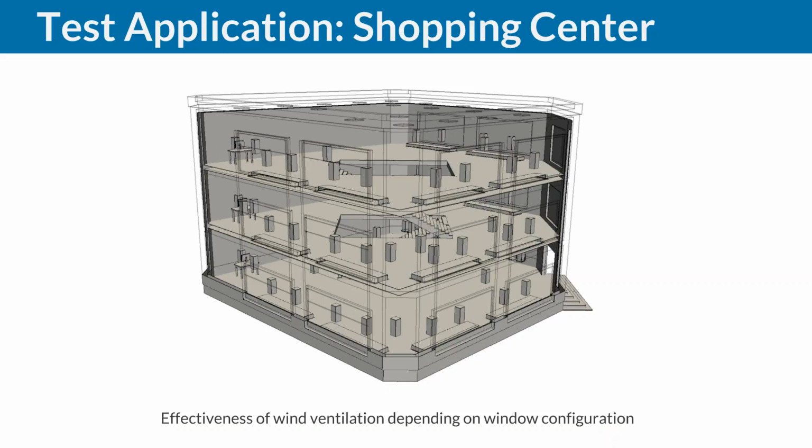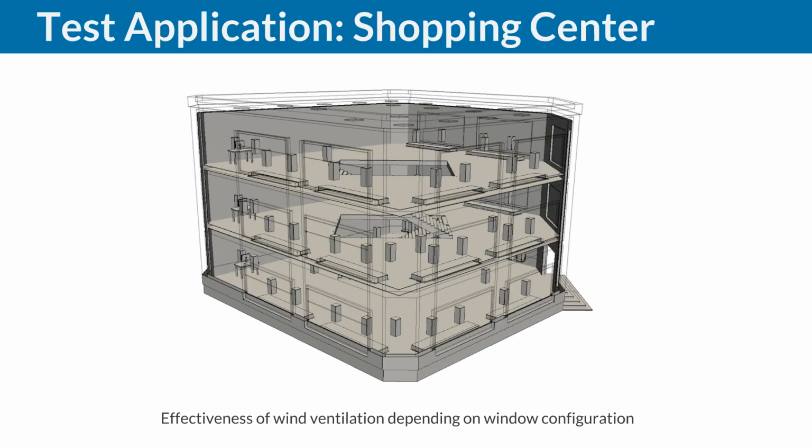This is a small kind of shopping mall. And since this is a green building, the idea was to reduce the energy needed for ventilation as much as possible. One idea the architects had was to go with a natural ventilation solution instead of using an air conditioning system or a mechanical ventilation system.